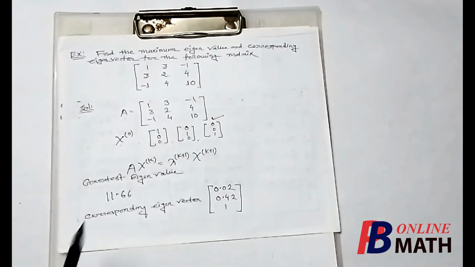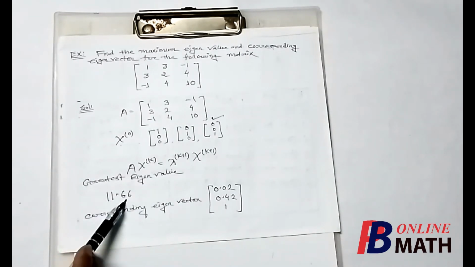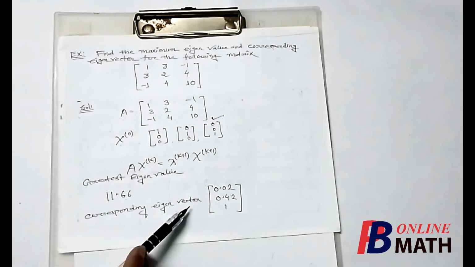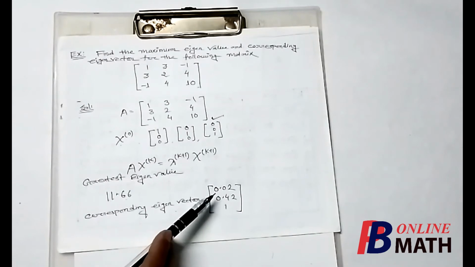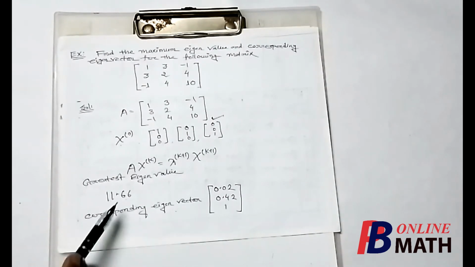So we can write the final answer as the greatest eigenvalue correct up to 2 decimal places is 11.66 and the corresponding eigenvector is 0.02, 0.42 and 1. So this is the corresponding eigenvector and this is the maximum or greatest eigenvalue of this matrix. So this method is known as power method.